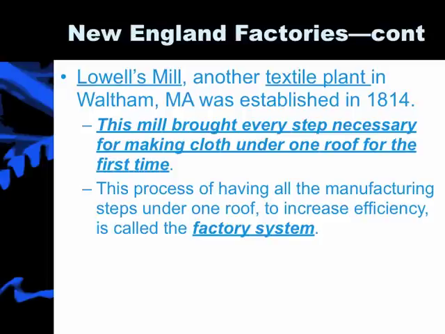It cuts down on costs, and it allows you to produce your product much faster. So the factory system is when you have all the steps needed to create a finished product under one roof.